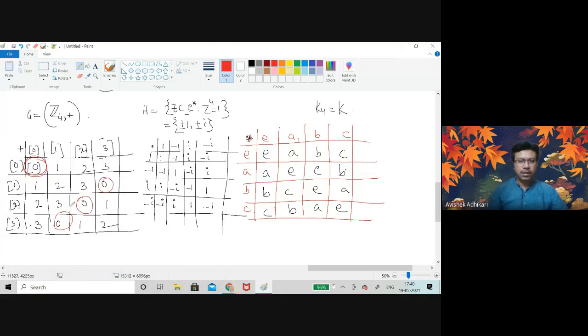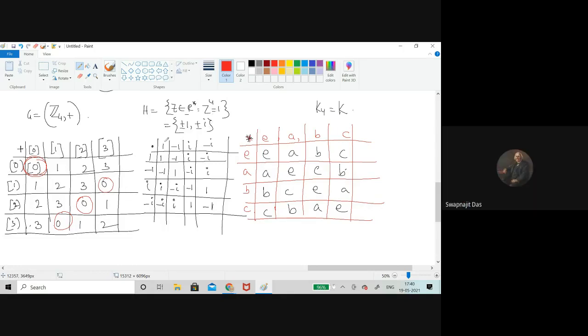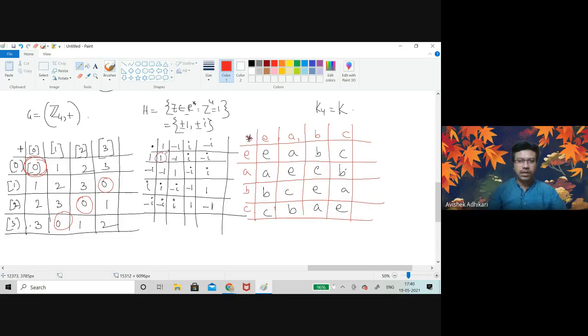What is the identity element here? It is 1. So 1, and then 1, and here also 1.